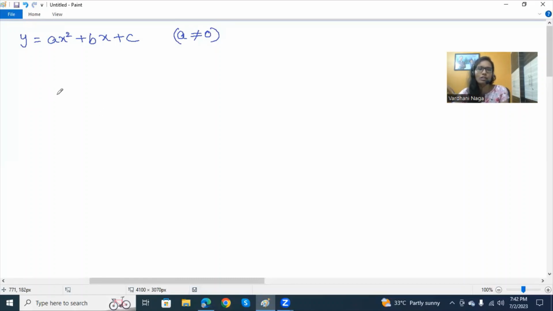When you draw the graph for certain x and y values, you are going to get a parabola. What is a parabola? A parabola is nothing but a U shape.